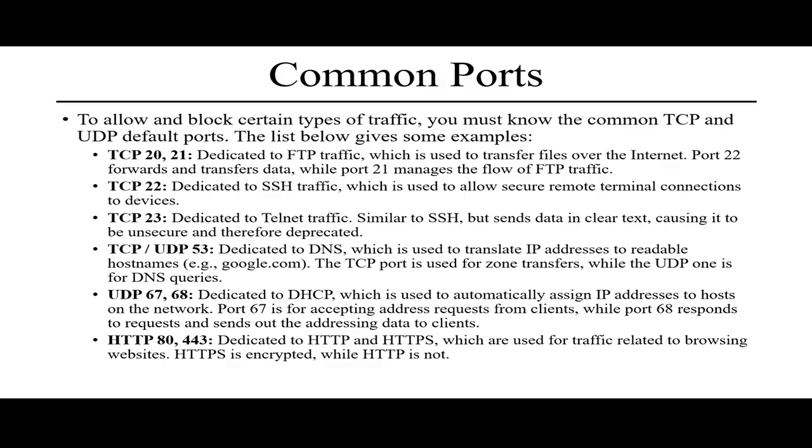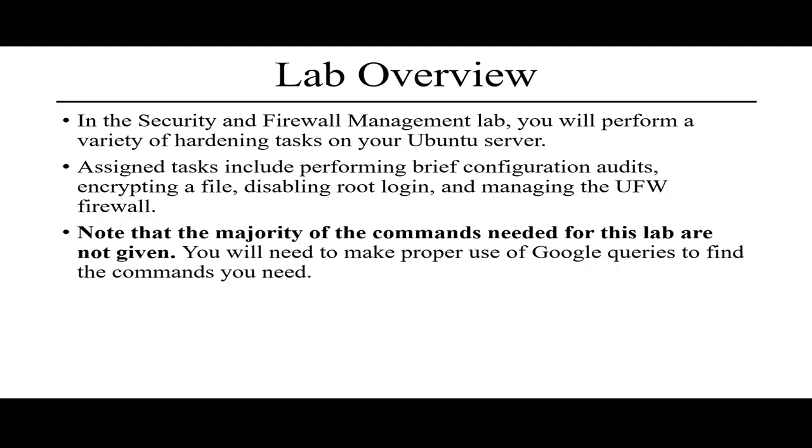There are ports like 22 for SSH traffic, TCP/UDP port 53 for DNS traffic, UDP ports 67 to 68 for DHCP, and then there's of course 80 and 443 for HTTP and HTTPS. Now we do use other ports in this course for Docker containers. Beyond these well-known ones, you can assign ones like 8080 for HTTP for your Apache server in Docker.